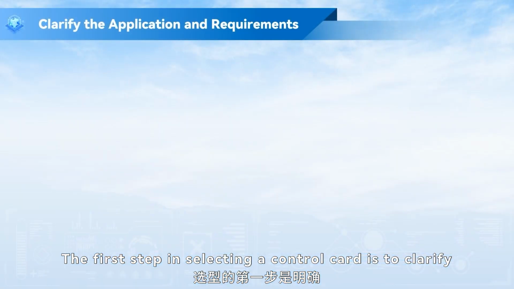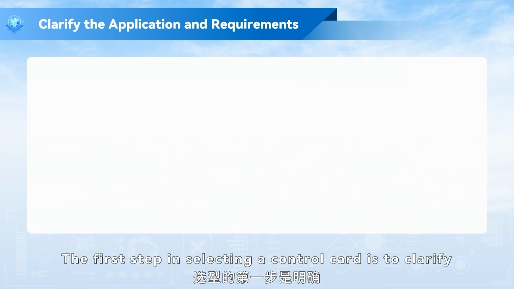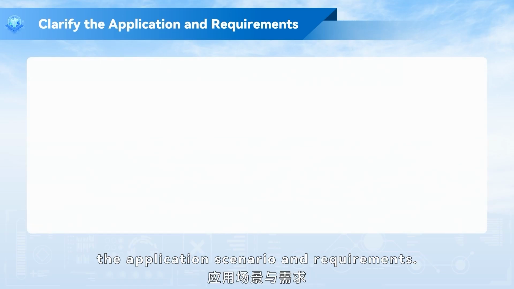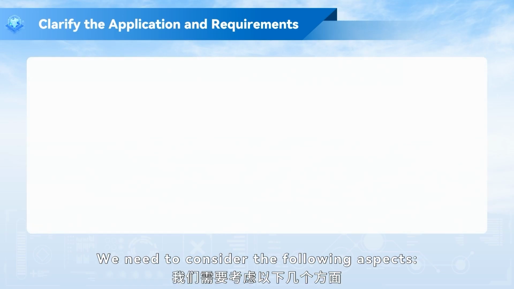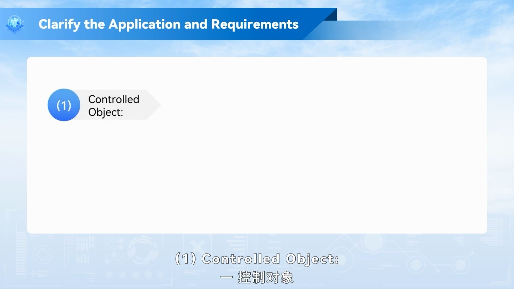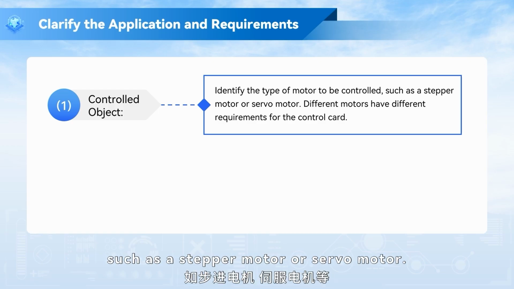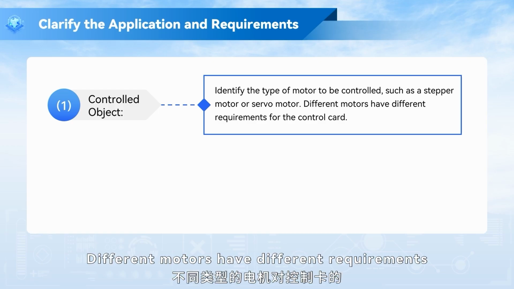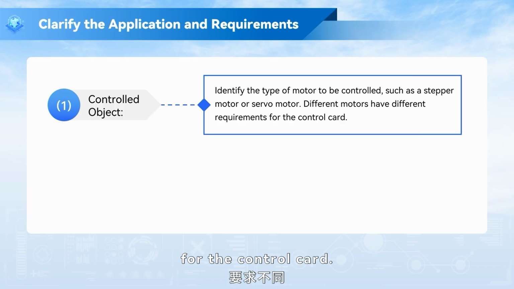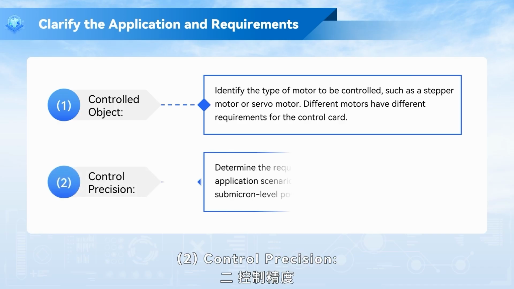The first step in selecting a control card is to clarify the application scenario and requirements. We need to consider the following aspects. 1. Controlled object. Identify the type of motor to be controlled, such as a stepper motor or servo motor. Different motors have different requirements for the control card. 2. Control precision.